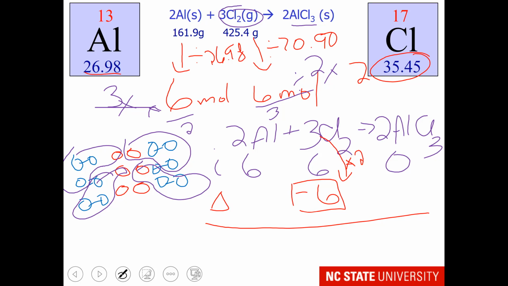So I recommend you do the same thing. 2 times 2 and made negative is going to give you a value there. 2 times 2, but this time positive, is going to give you a value here. And then you simply have to do simple math and you can complete the table. So I hope that helps you in understanding how to do a limiting reactant problem.